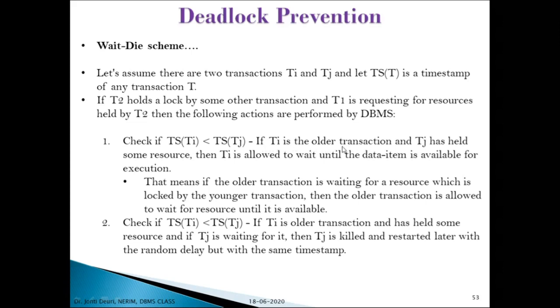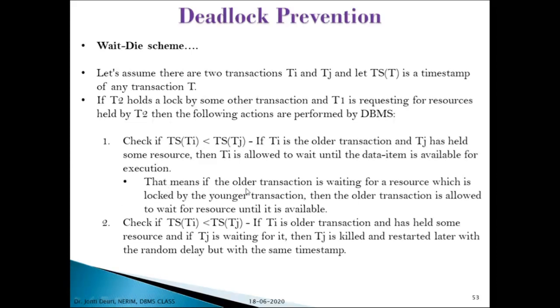That means Ti is older and Tj has held some resources. Then Ti is allowed to wait until the data item is available for execution. So it will wait, and the other one will finish.